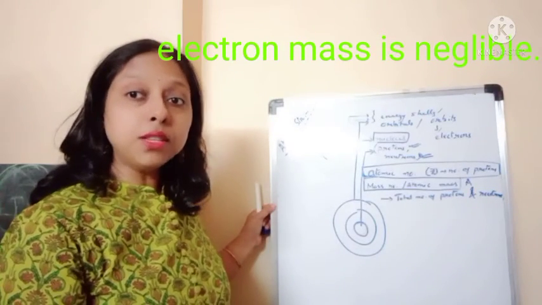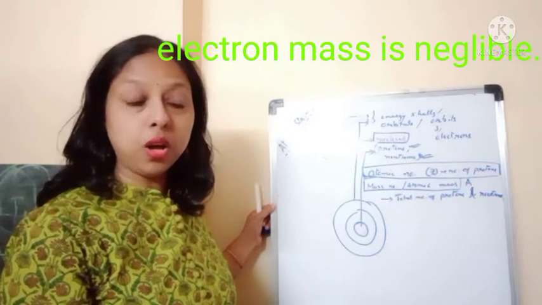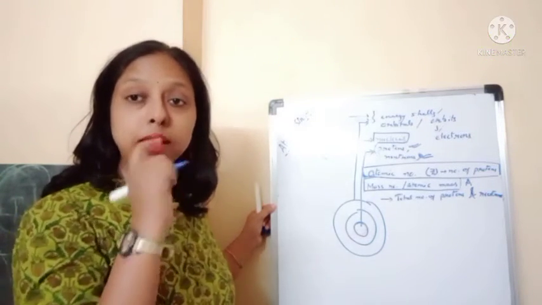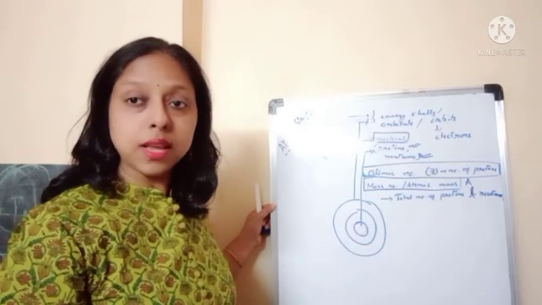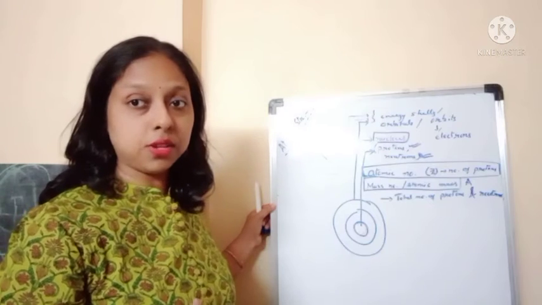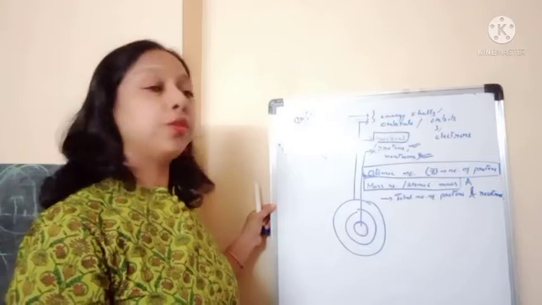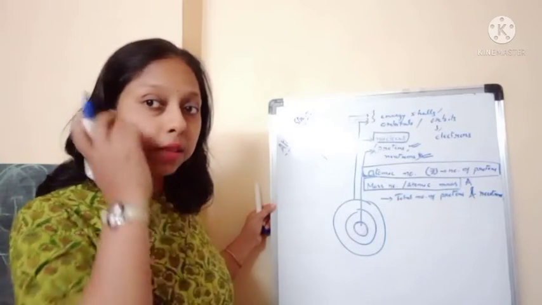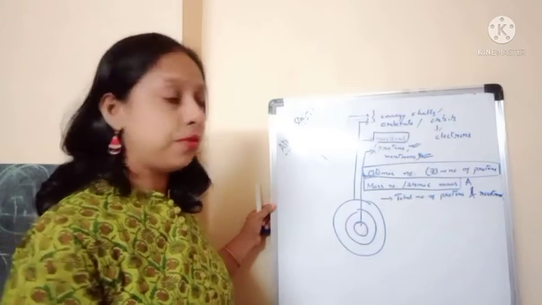Now the mass of the electrons is very negligible as compared to the mass of the protons and neutrons. So in the mass number, we neglect the mass of the electrons and we only consider the mass of the protons and neutrons. So if we know the atomic number of an atom and the mass number of an atom, we can easily find out the number of neutrons.